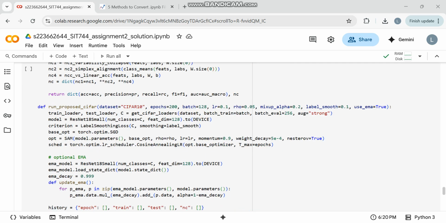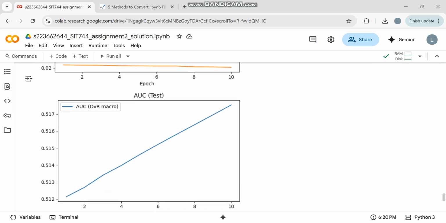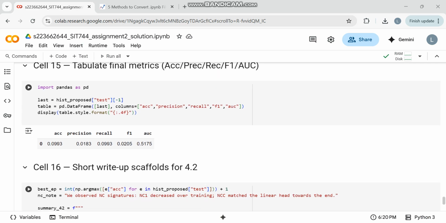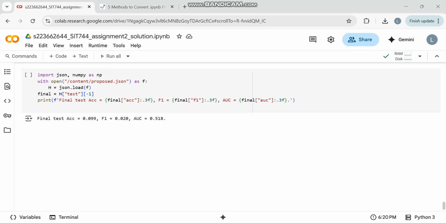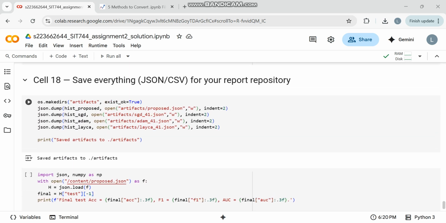I have the proposed accuracy for the JSON model, as you can see, and all the JSON files of SGD, Adam and Leica are saved. Thanks for listening, and the code and logs are in the repo. Happy to take any questions.